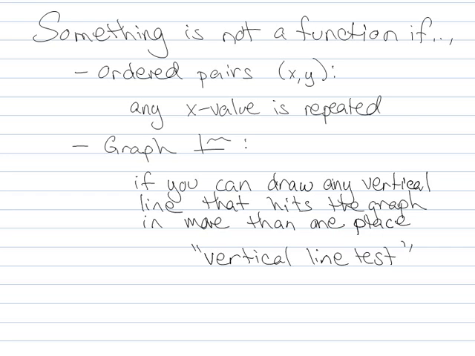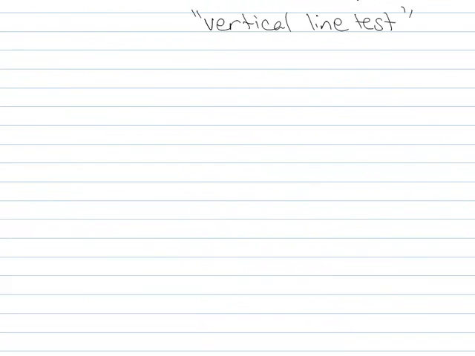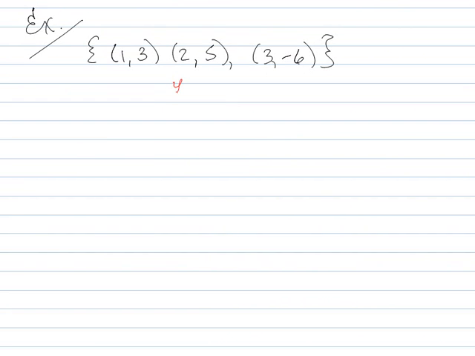All right? So let's look at some of the examples that we looked at before. I'll tell you right now that everything that we've done so far has been a function. So when we looked at (1, 3), (2, 5), and (3, -6), this is a function.